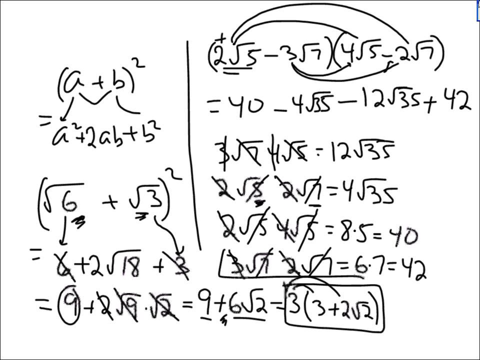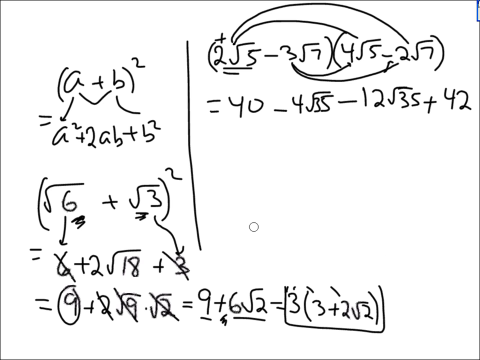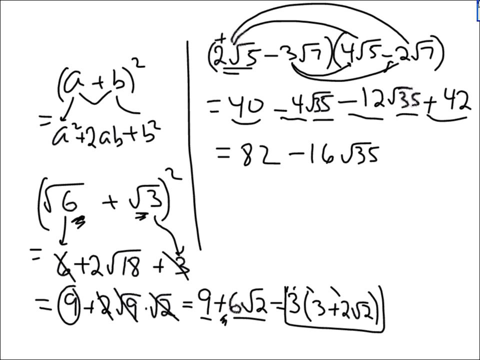And one last line, which will be the combining of like terms, and this problem in section will be done. 40 plus 42 is 82. And the remaining terms are radical 35. If you take away 4 of them, and then you take away 12 more, you took away 16 of them: 16 radical 35.